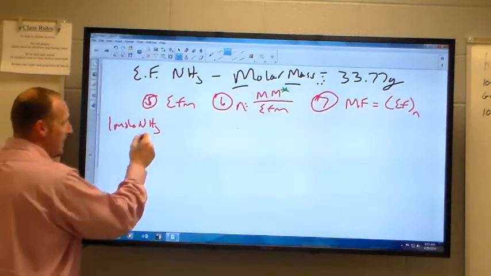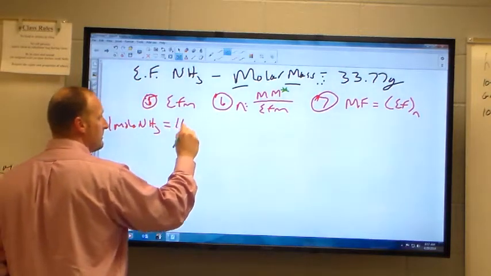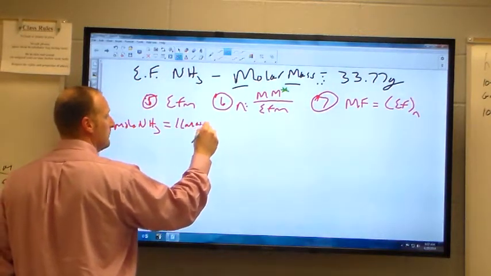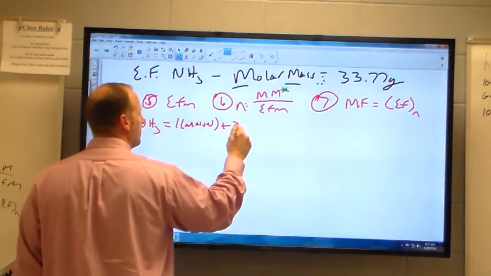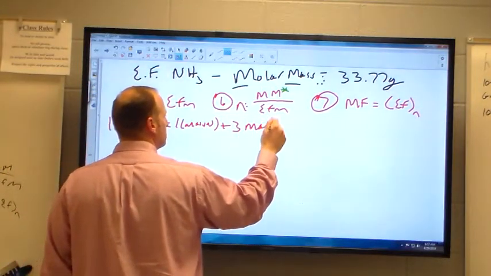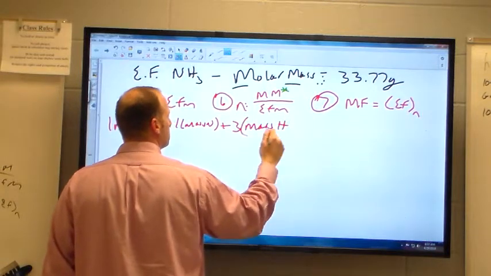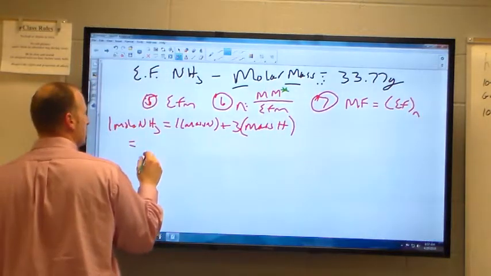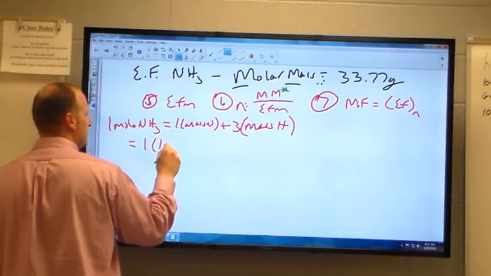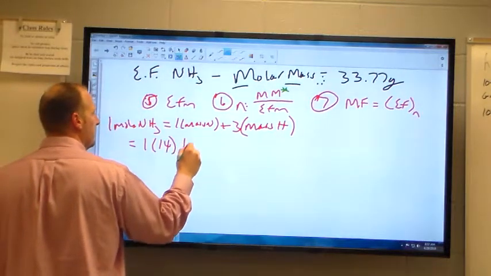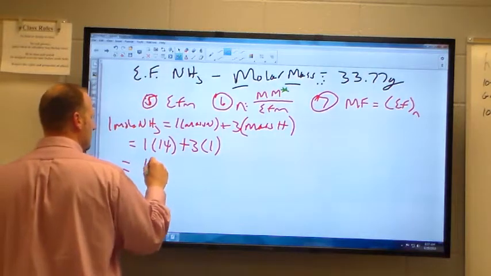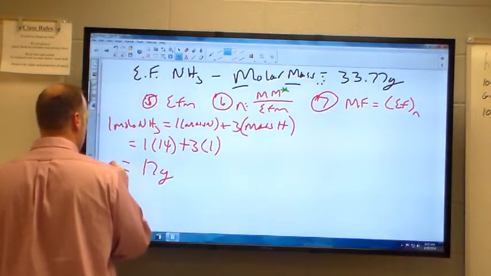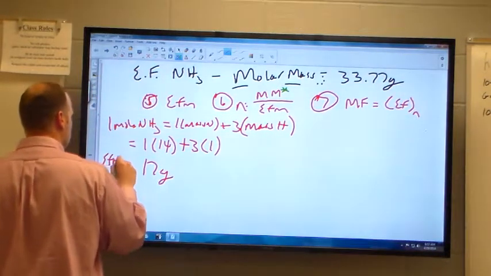To find the mass of this compound, it would be 1 times the mass of N plus 3 times the mass of H. In other words, 1 times 14 off the periodic table, plus 3 times 1 off the periodic table. It's going to equal 17 grams. That is my EFM.